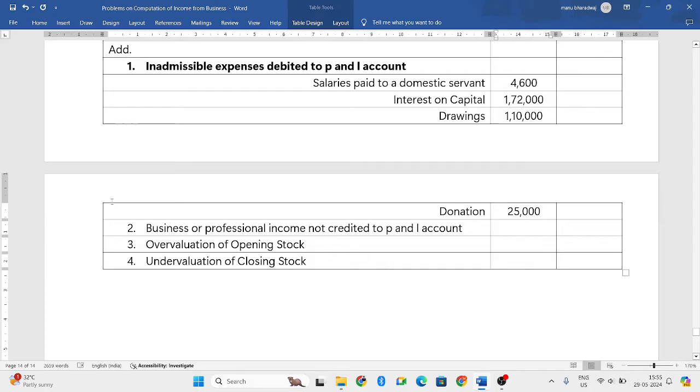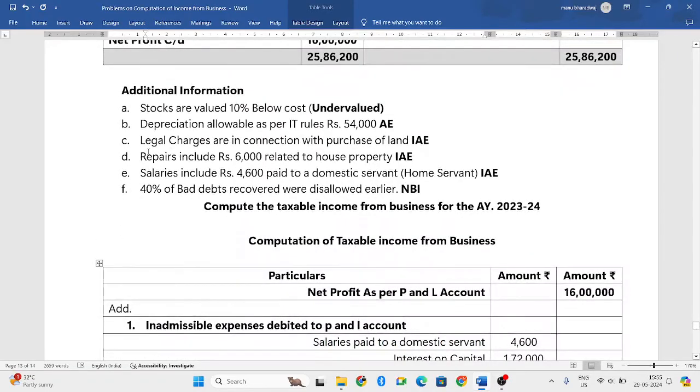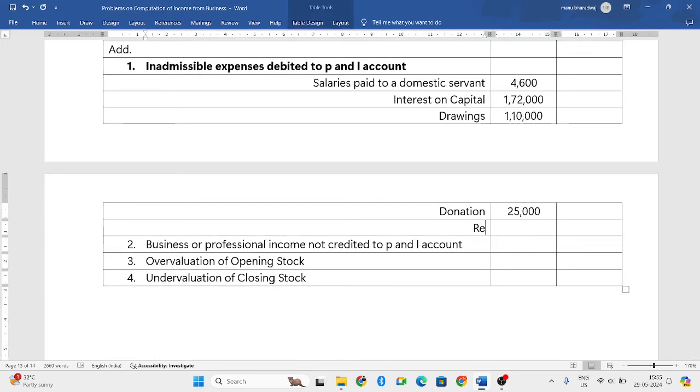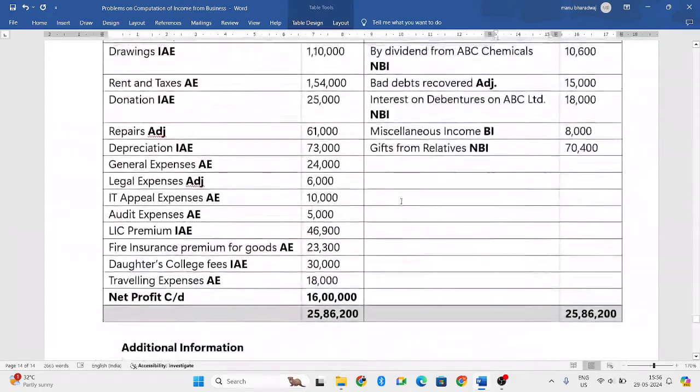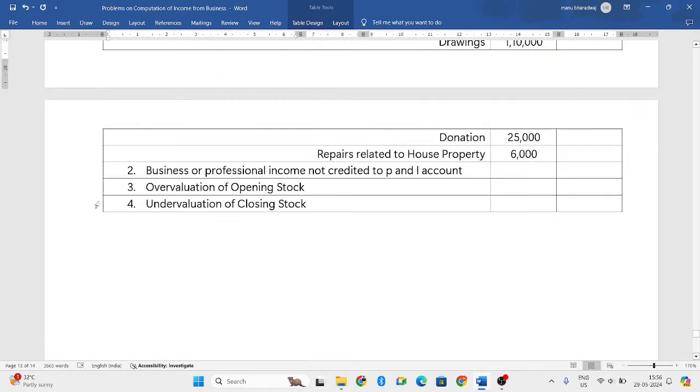Next, repairs, we have an adjustment. Repairs include 6,000 related to house property, that is 6,000 rupees. Next, depreciation. As I told you, the depreciation shown in the P&L account is completely inadmissible, and the depreciation value given in the additional information we show as admissible. So this depreciation 73,000 is inadmissible.